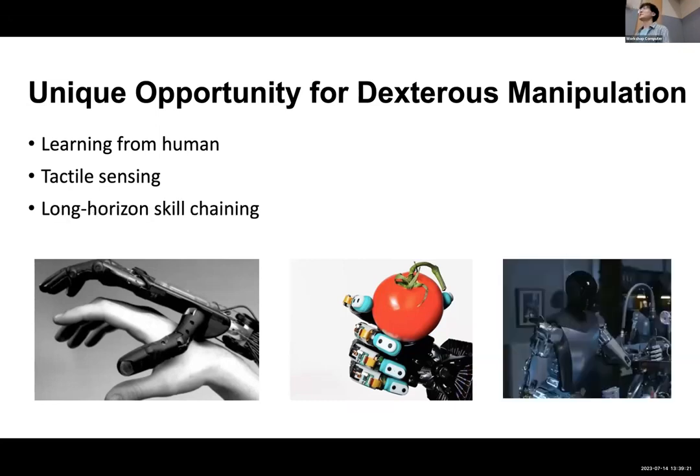And finally, different from a parallel gripper, our human-like hand can do a lot of different tasks. In long horizon manipulation scenarios, we can use one manipulator like the dexterous hand to achieve a lot of different tasks, which can be chained in a long horizon.